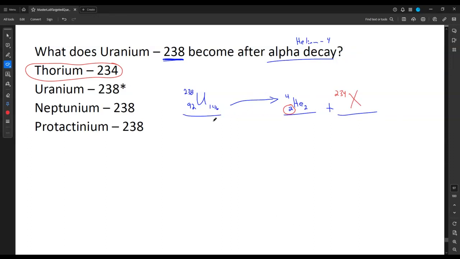Okay, so now if we look at the number of protons, we had 92 protons. We ejected 2 of them with the helium nucleus. We now have 90 protons, which is an element that we will look up in a minute. Then for our neutrons, we had 146 with this uranium isotope. We have 2 that are ejected with the helium, so that means that we're going to have 144 here.